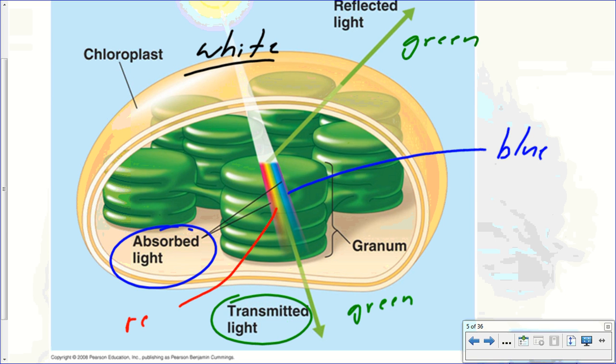As far as photosynthesis goes, plants are using blue light and red light from the visible spectrum. They're actually not using the green light, and that's why plants appear green in color, because that is the color being reflected. Whatever color you see, you see that color because that is what is being reflected. If it is being absorbed, then you're not seeing that color.